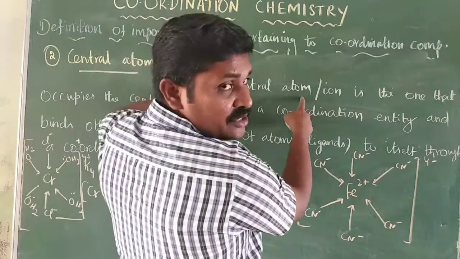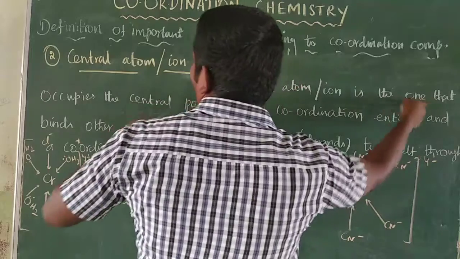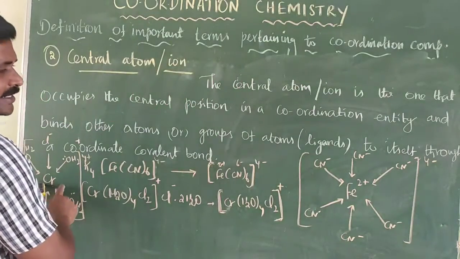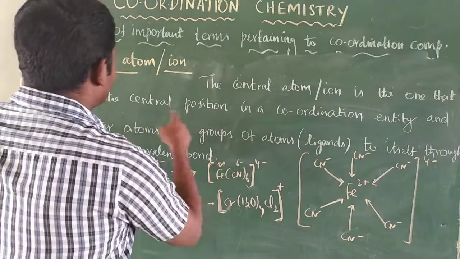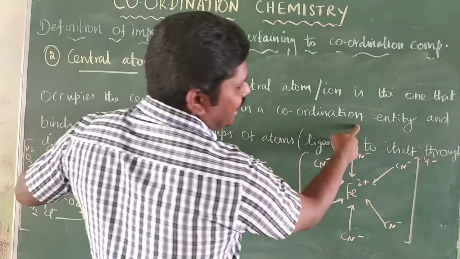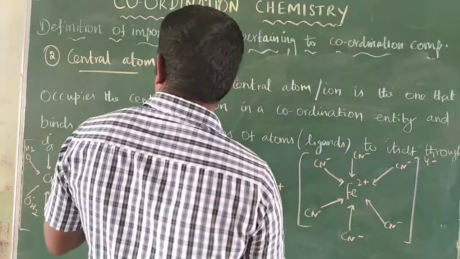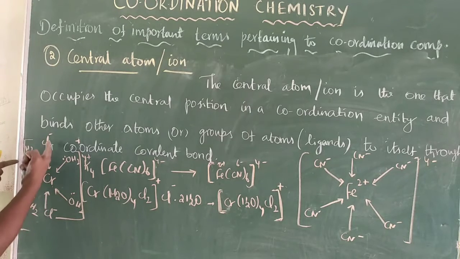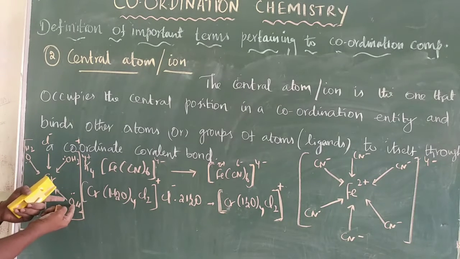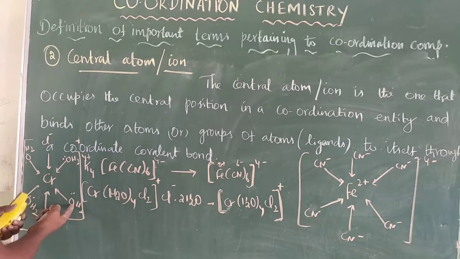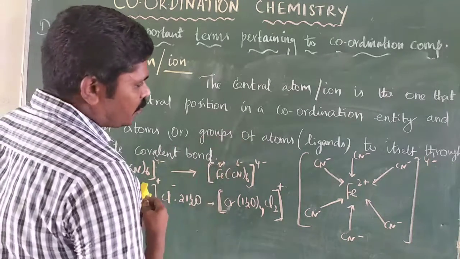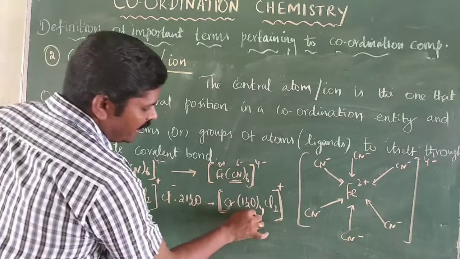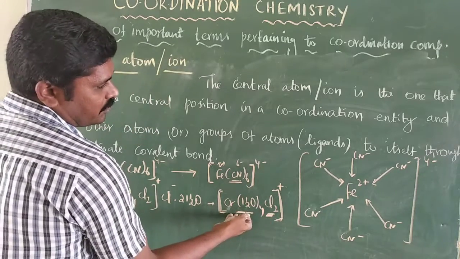The central atom or ion is the one that occupies the central position of the coordination entity and binds other atoms or groups of atoms, chlorine, water.